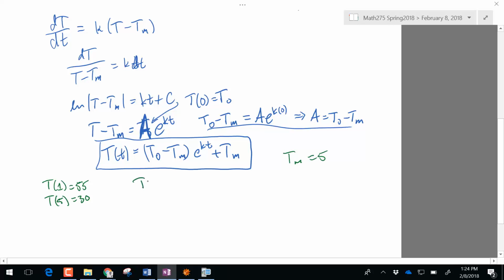Let's first rewrite this with the Tm's. So (T naught minus 5) e to the kt plus 5. And so we'll try to solve for k, maybe solve for k and T naught at the same time. So when t is equal to 1, T of 1 is equal to 55.